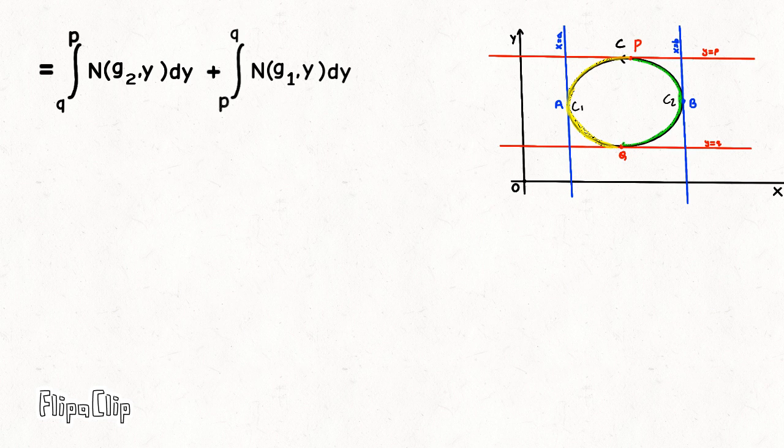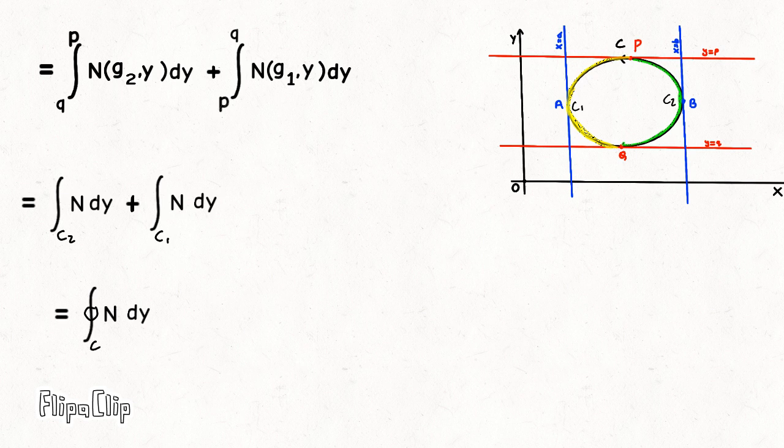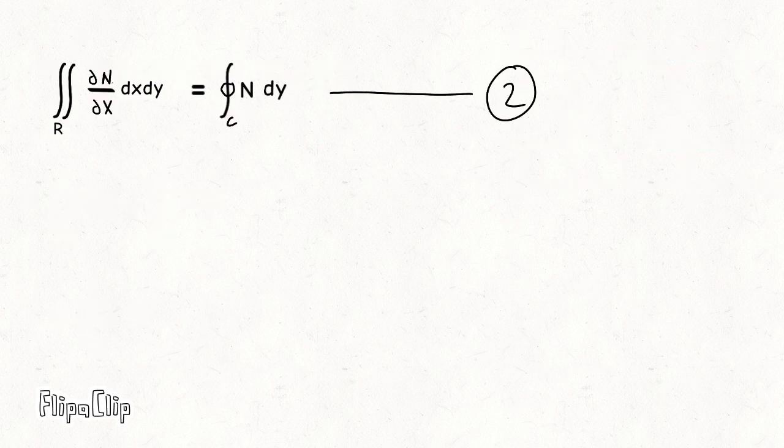Since the integral of the curve from q to p via the right path is simply the integral over C2, and from p to q via the left path is simply the integral over C1, we can write, which is again a closed integral over curve C of N dy. Let it be equation number 2.